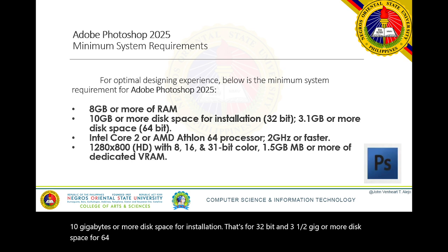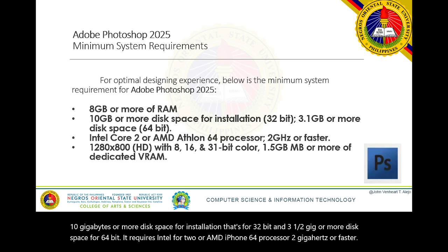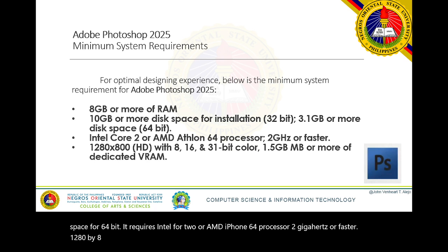It requires Intel Core 2 or AMD Athlon 64 processor, 2 GHz or faster. 1280 by 800 pixels, that's for high definition, with 8, 16, and 32-bit color, 1.5 MB or more of dedicated video RAM. So these are minimum system requirements.